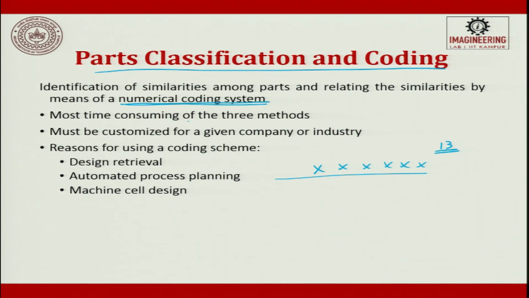The most time consuming of the 3 methods is giving the number code. It must be customized for a given company or industry. It cannot be generic. For example, from college to college, the roll number designation will be different. Some colleges have 10 digits, some have 4 digits, some have 13 digits.